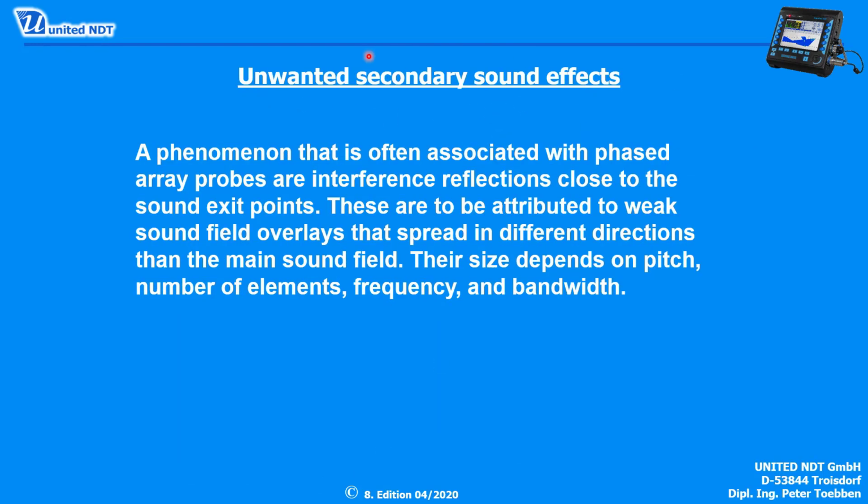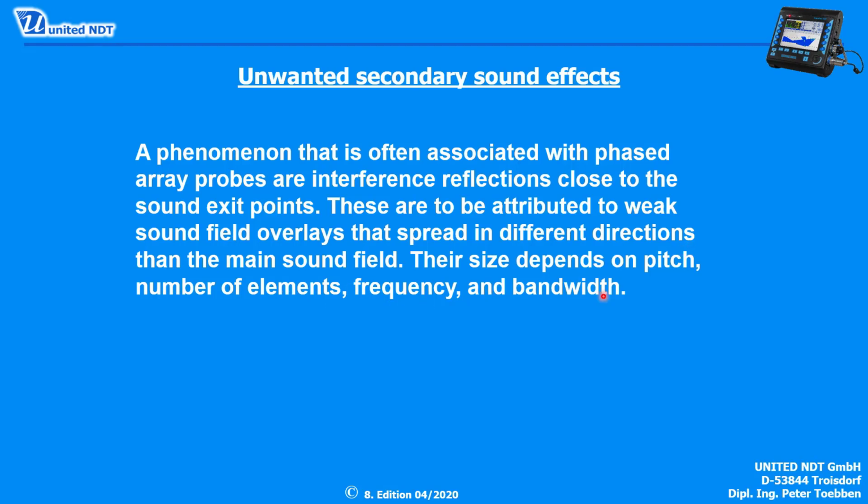Sometimes people find that there are some unwanted secondary sound effects when they use a phased array probe. Those things are happening mainly very close to the surface, below the probe. There are some interference reflections close to the sound exit points, and this is due to the fact that there are some overlays of some weak sound fields, and that spreads in different directions, and that is the unwanted secondary sound effect.